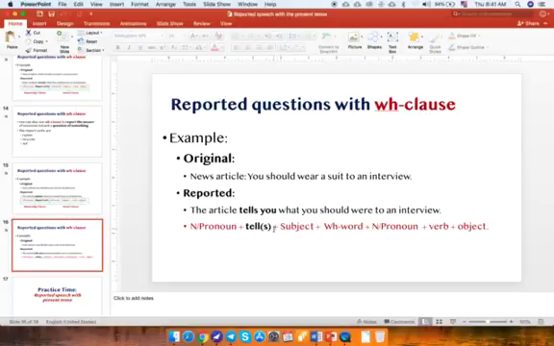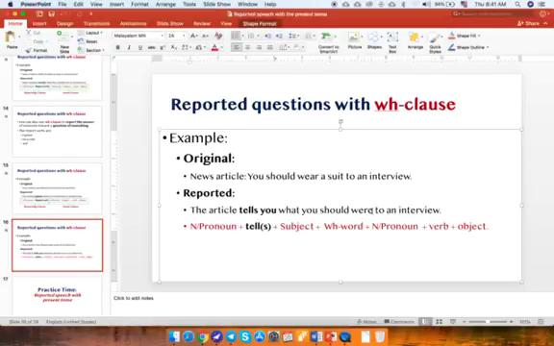And the same thing, if we would like to use a reporting question with a WH clause and using the reporting verb tell, you have to have another one, which is the object. Let's see the same example of the reporting question using the reporting verb tell. So here, if we use the reporting verb tell, you have to say the article tells you, right, what you should wear to the interview.